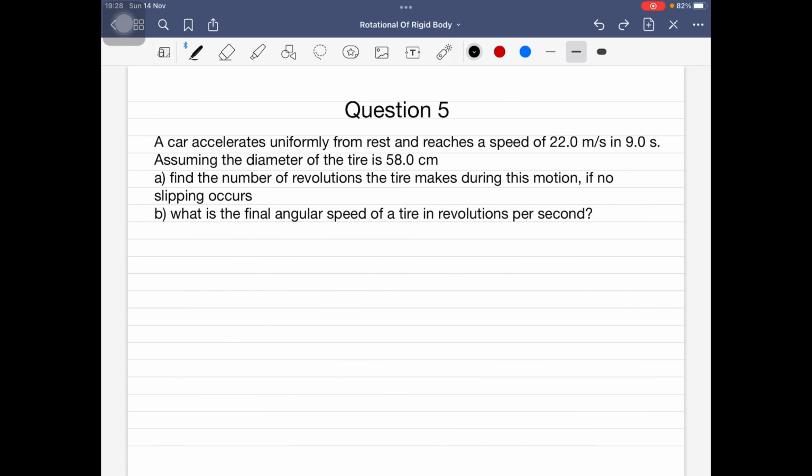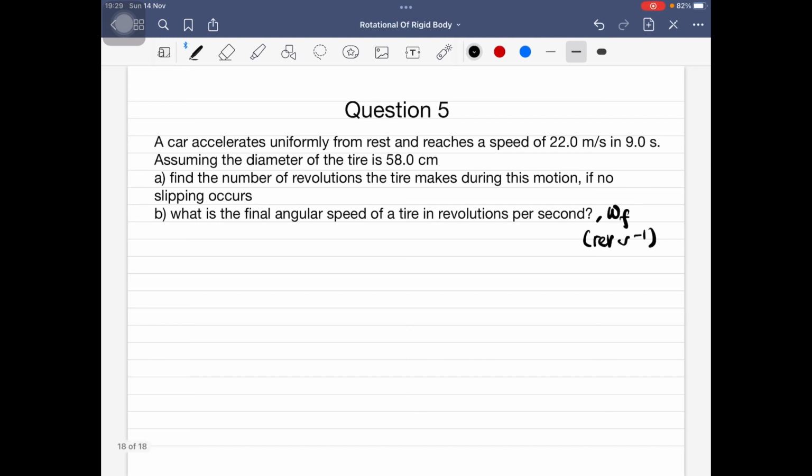What is the final angular speed of the tire in revolution per second? So we want to find omega final, and specifically the unit is revolution per second. Baik, untuk soalan B, saya akan gunakan equation daripada angular kinematics juga.